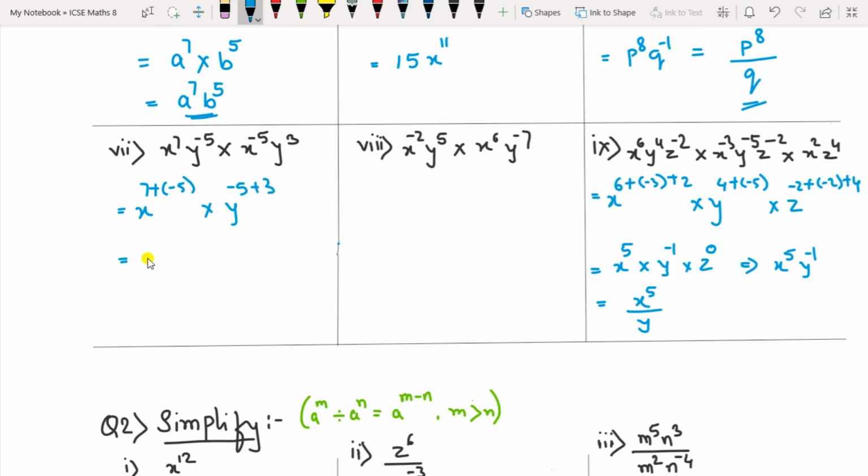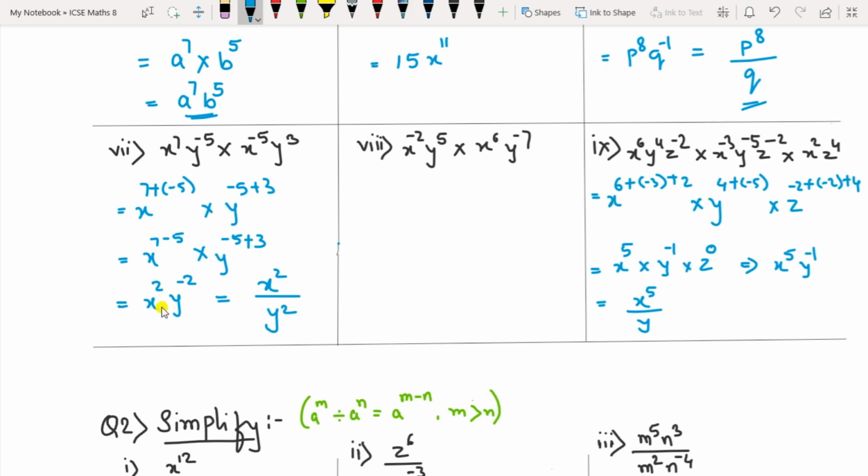So it will be x raised to 7 minus 5 and y raised to minus 5 plus 3. That gives you x raised to 2 and y raised to minus 2. So it becomes x square upon y square.